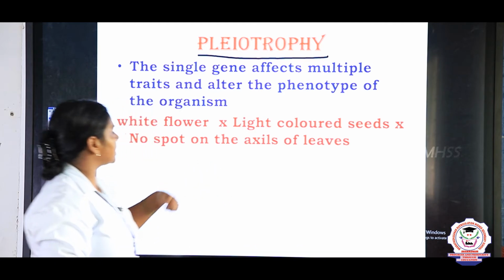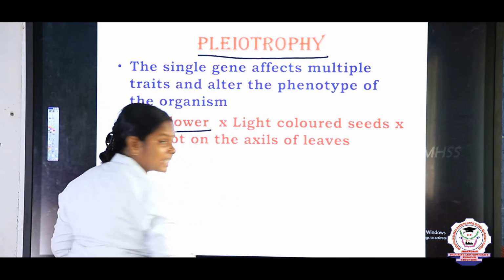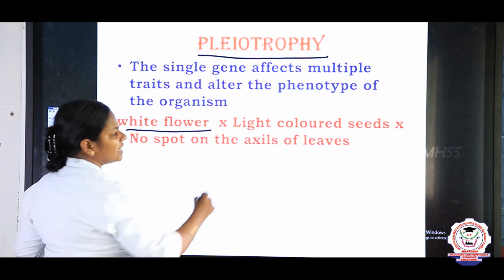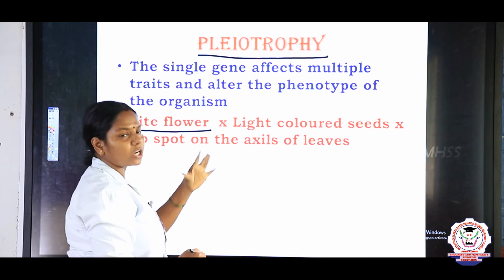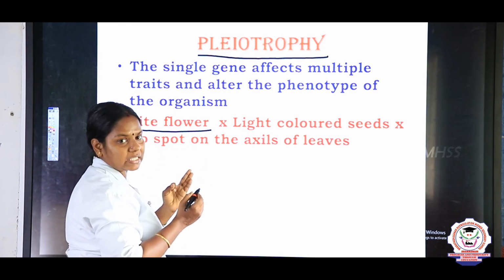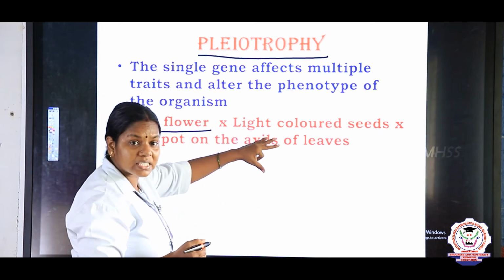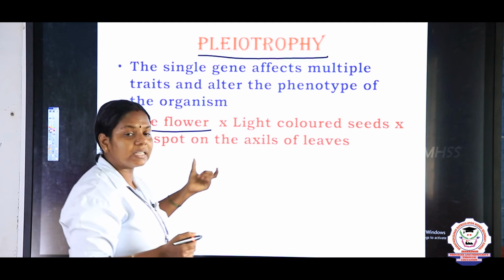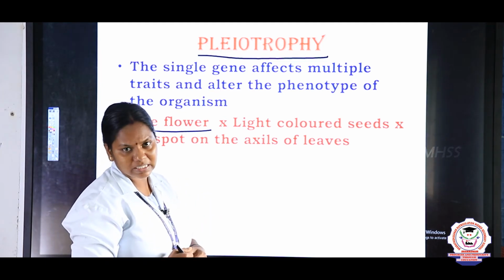And they have given one example, children. The flower color is white, the seed color is light, and there are no spots on the axils, right? For example, take three plants of different characters: the color of the flower is white, the seed is a very light color, and the leaf has no spots on its axils.